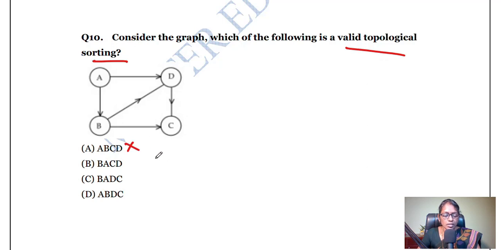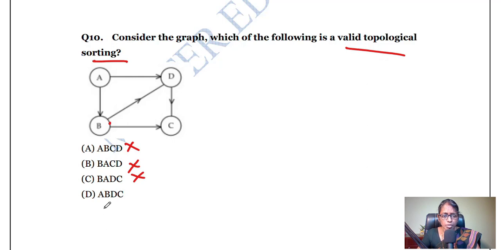So option A is the wrong one. Consider option B. First of all it starts with B and I am going to A. From B to A, is there any arrow? No. So this option is not correct. Then option C. From B, is it possible to go to A? No. So this is also wrong.